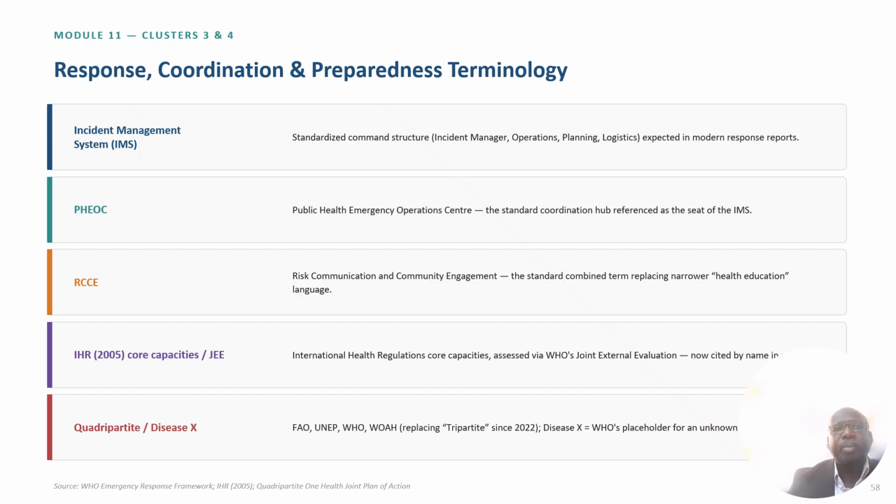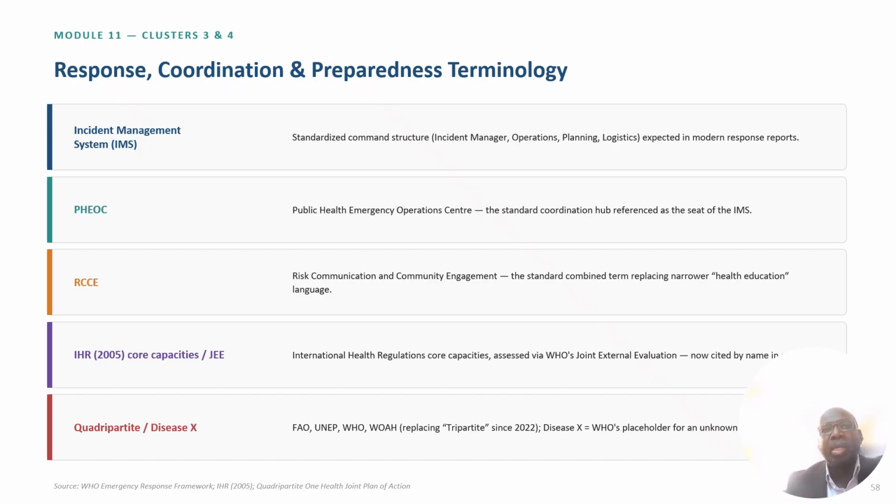We have other types of modern terminologies in regard to response, coordination, and preparedness. This is like the incident management system. When we say incident management system, just think about how we can respond in coordination with others: intersectoral coordination, risk communication, community participation, community development, community orientation, all together.